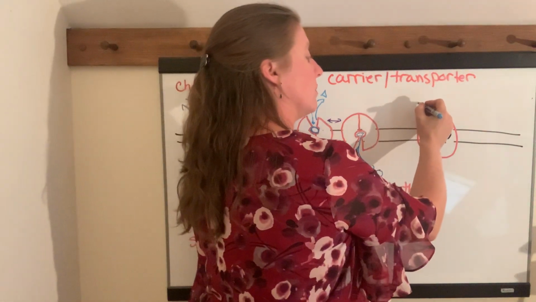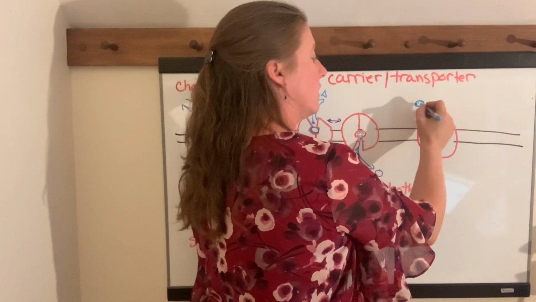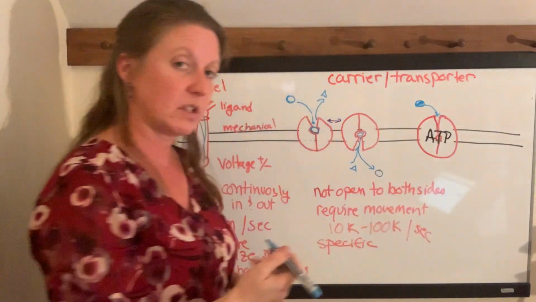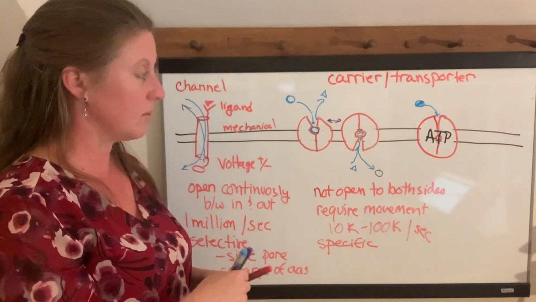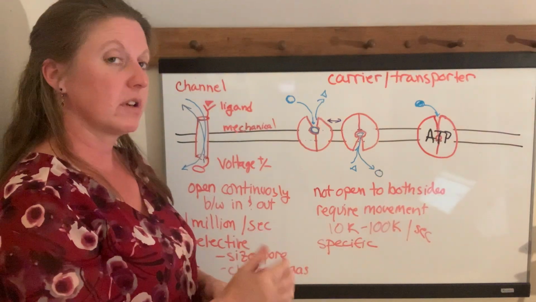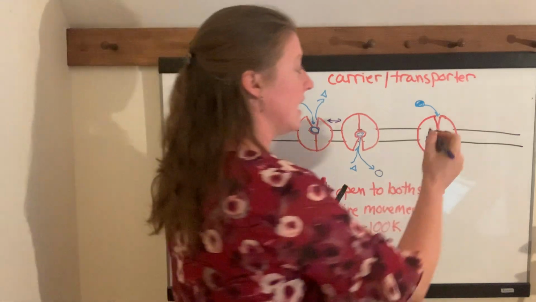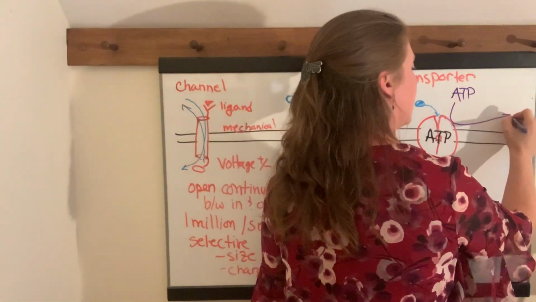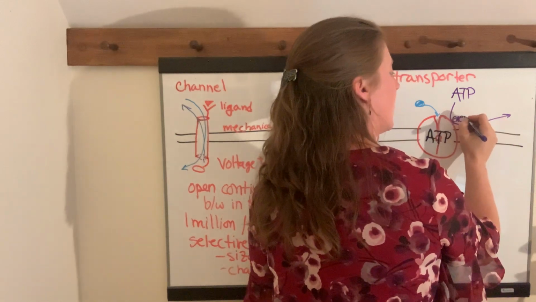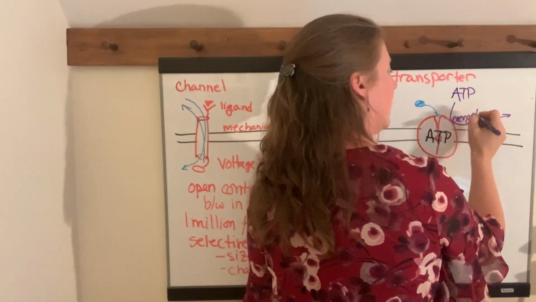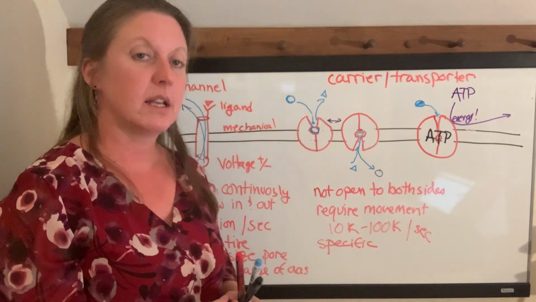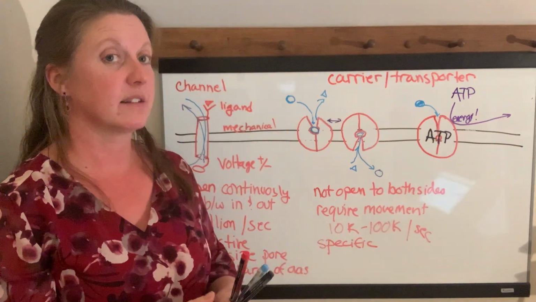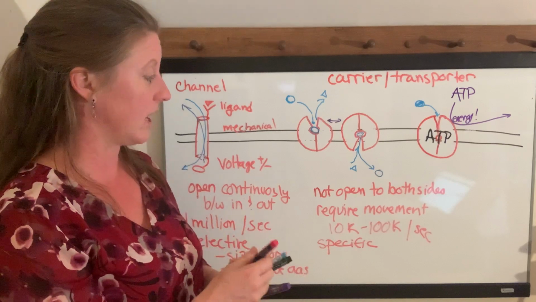So if this one is moving circles, right, the circle can bind to its pocket on the transporter, but the transporter is not going to do anything until a molecule of ATP comes by and drops off some energy. All right, so ATP gives the transporter its energy, and then it's able to make that conformational change.